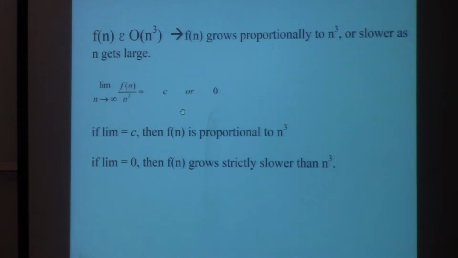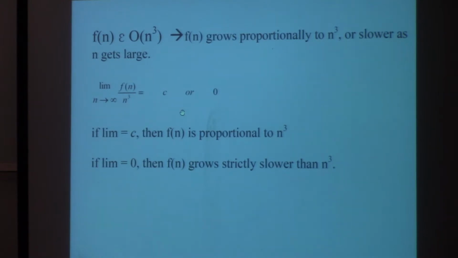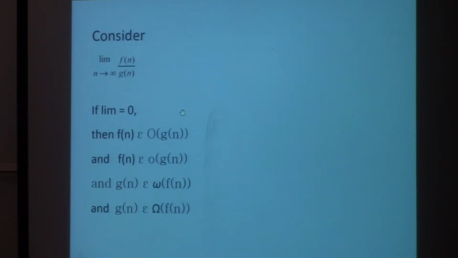In each case, whether the limit goes to a constant or goes to 0, the function f of n is an element of the set of functions that grow no faster than n cubed. So big O of n cubed is a set of functions that grow at the rate of n cubed or slower, no faster than n cubed. That's what this set is, so f of n is an element if these two things happen.